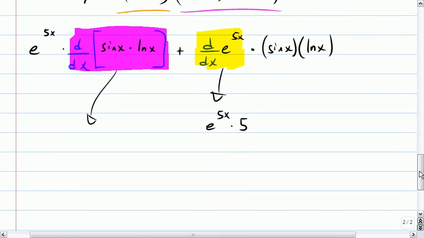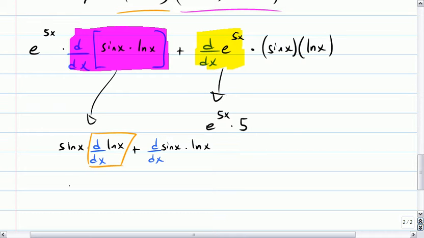Product rule. Okay, so you'll go sine x times the derivative of natural log of x plus the derivative of sine x multiplied by natural log of x. Okay, so this thing here is how much? 1 over x.